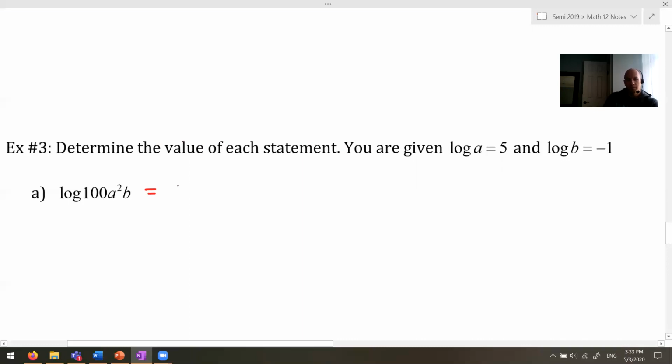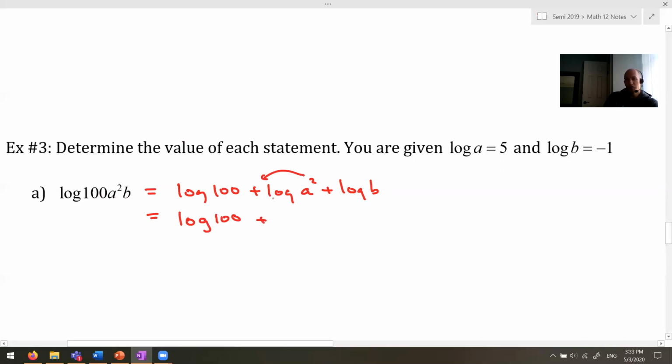So this is going to become log of 100 times a squared times b. This can become log of 100 plus log of a squared plus log of b. Now, if I want to evaluate this, I'm going to do nothing with log of 100 because I can evaluate that simply.